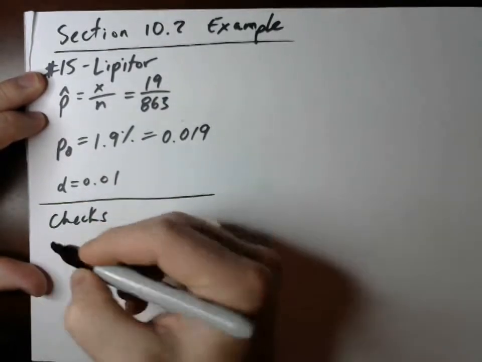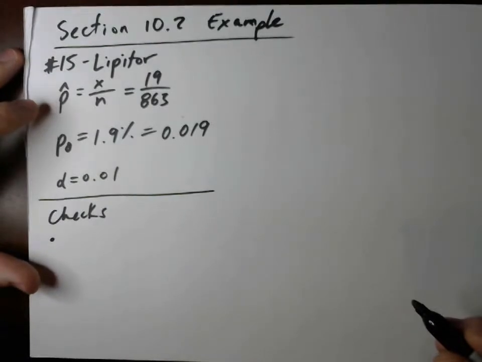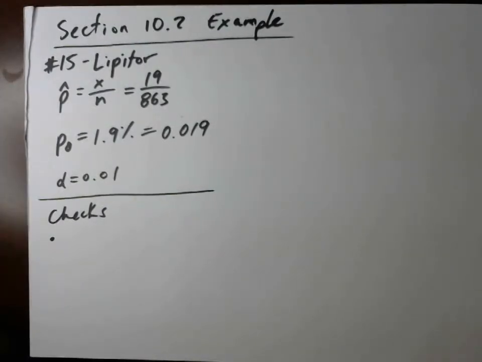So the first check says the sample is obtained by simple random sampling or the data result from a randomized experiment. Based off of what's mentioned in this problem, when I read it, it really didn't say anything about the randomness of the sampling.